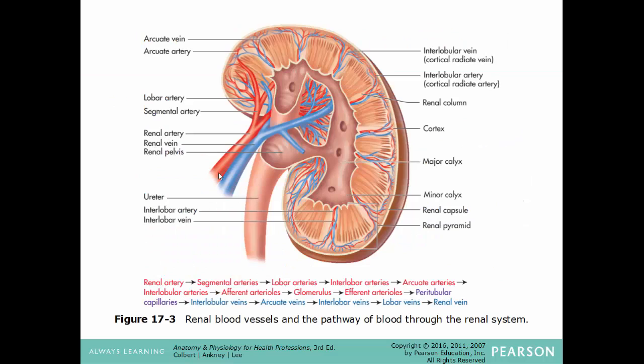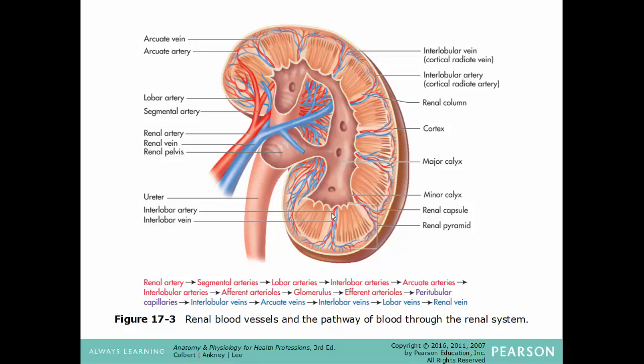First, you start off with the renal artery here. That will further branch into smaller vessels, 5 segments or segmental arteries here. That will further branch into various lobes of the kidney, so lobar arteries here. In there, the vessels will go in between individual lobes, so they're going to be interlobar arteries, such as right here, between here and here, so they're in between.